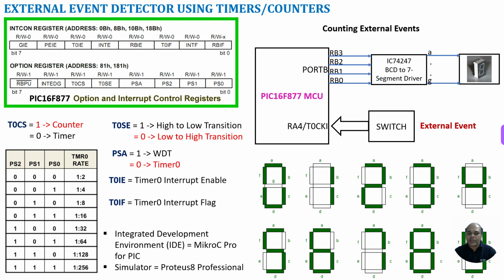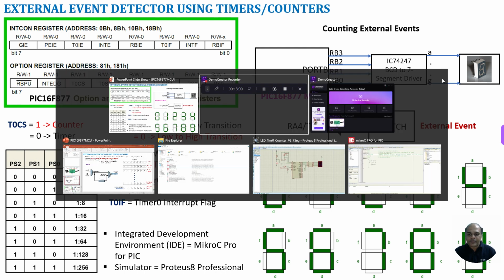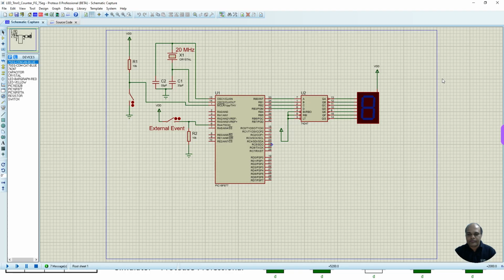Depending upon the prescaler values, whether I am going to count for every event or for every 2 events or 4 events or 8 events, it is going to be done by the program. Now let us go to the Proteus part and build the circuit.